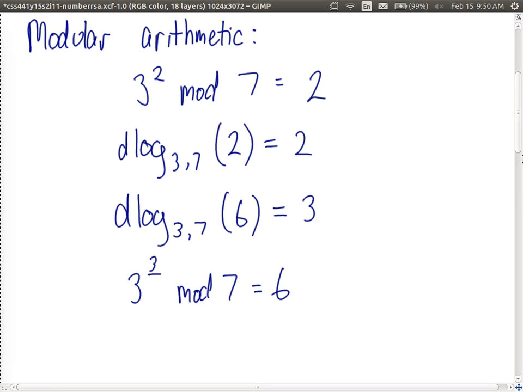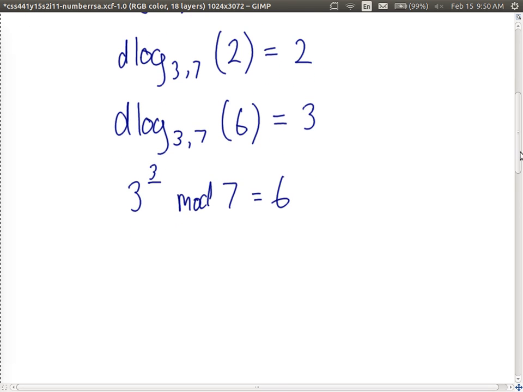What about another number? We'll stick with small numbers so you can easily check them. Stay with mod 7. Discrete log, base 2, mod 7 of 4. Think about what the exponent should be.